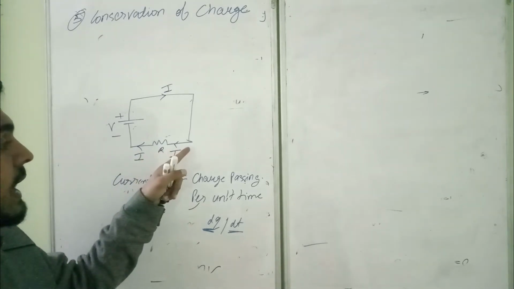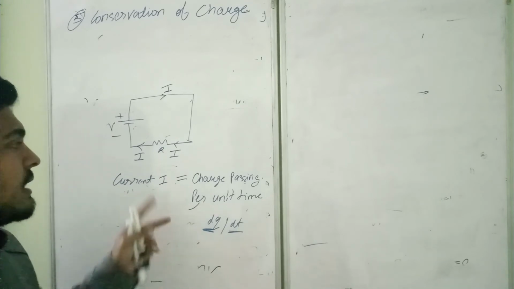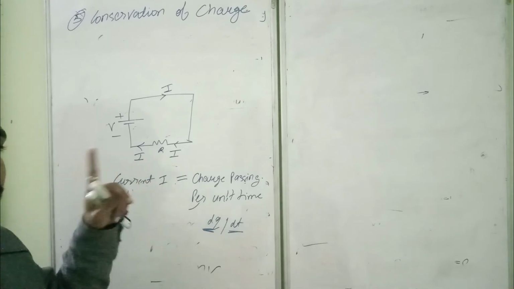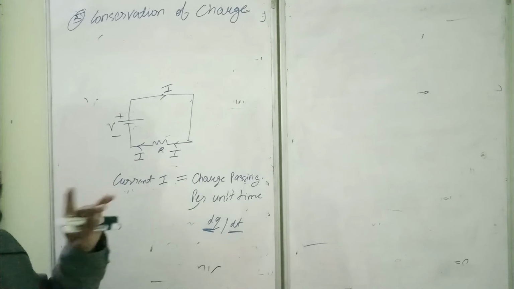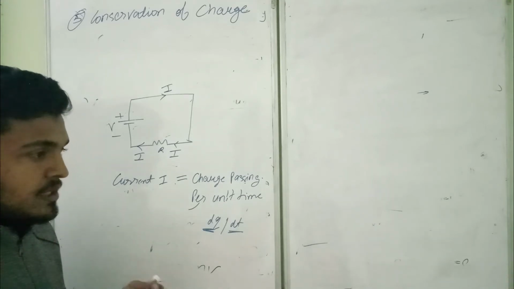So the charge which is entering is equal to the charge which is leaving. That means the charge is neither created somewhere in this resistance nor destroyed. This is an example of conservation of charge. So this is the conservation law of charge.